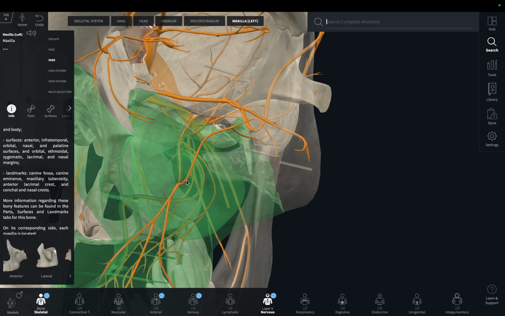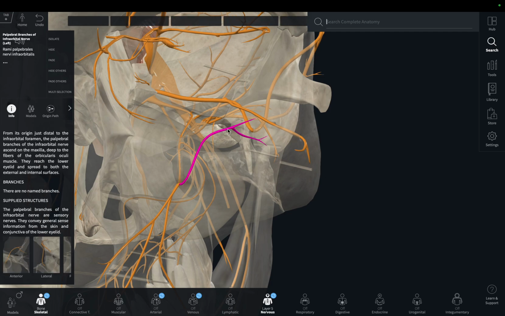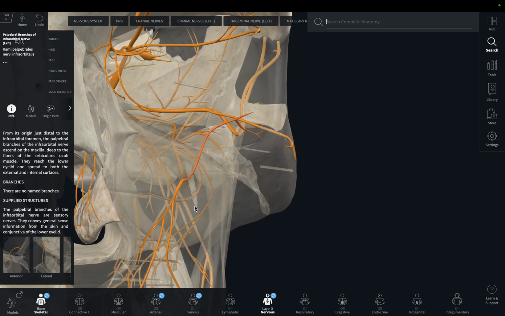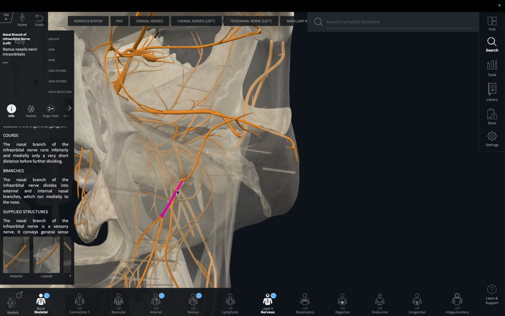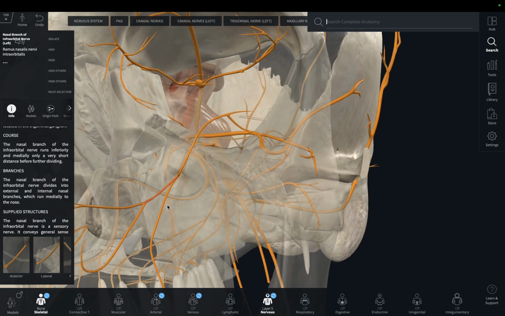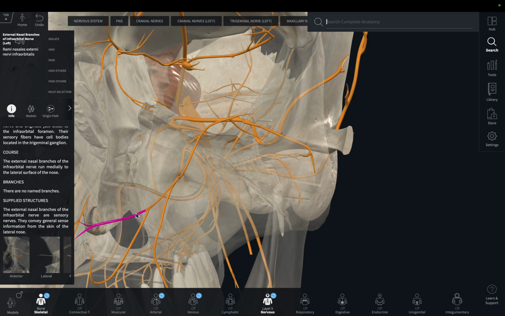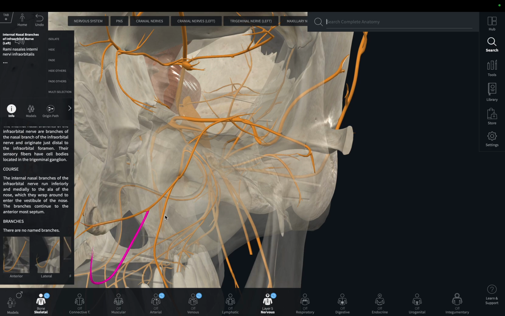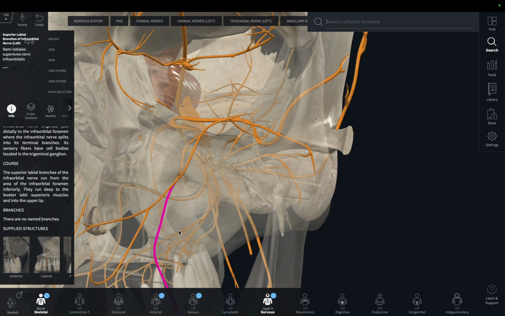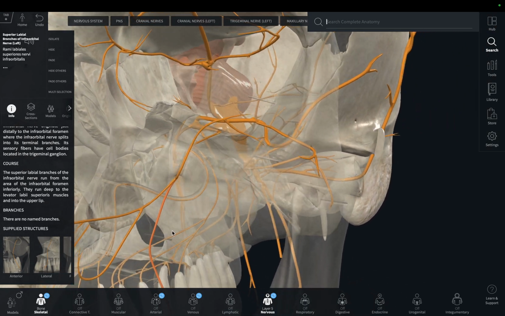It gives off this branch, which is the palpebral branch of the infraorbital nerve. It then gives off 2 branches: the nasal branch of the infraorbital nerve, which breaks off into external nasal branches and internal nasal branches, and superior labial branches.